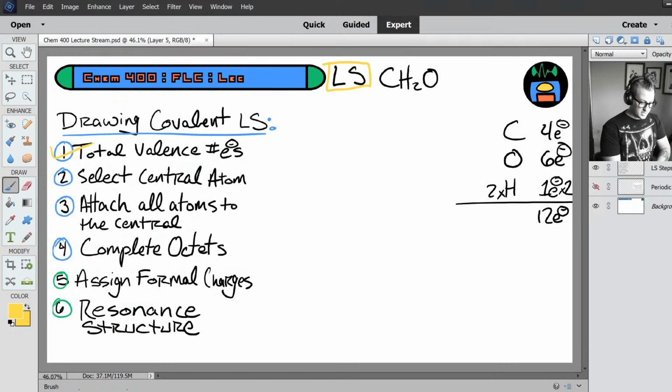Next, we need to select our central atom, and we said you want to select the element that likes to make the most bonds. We can determine that by looking at our Lewis dot structures. The number of unpaired electrons tells you how many bonds each element likes to make. So hydrogen will normally make 1 bond.